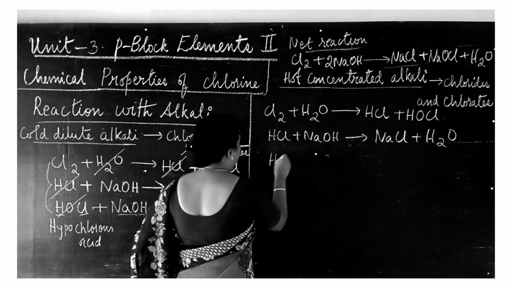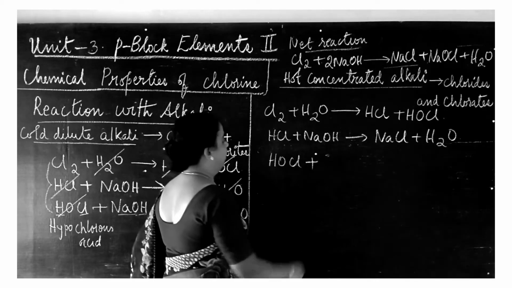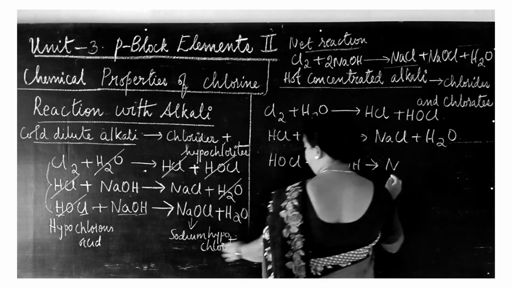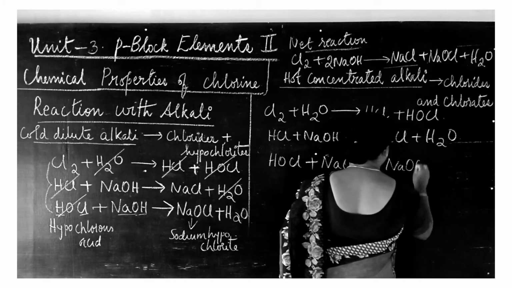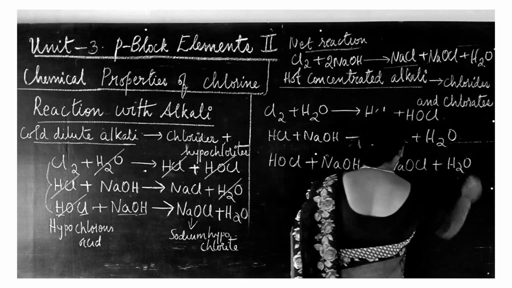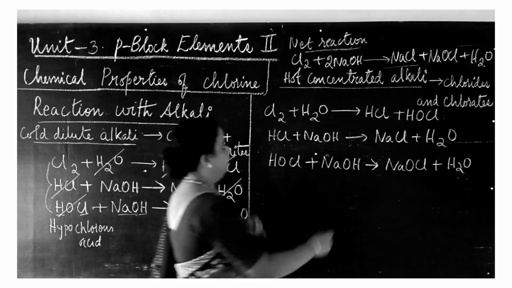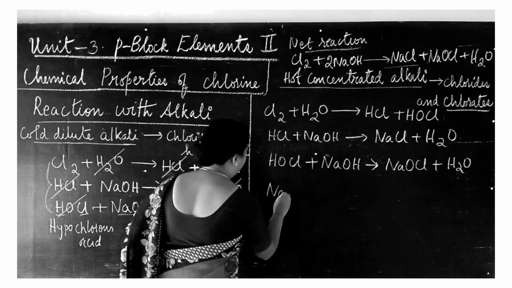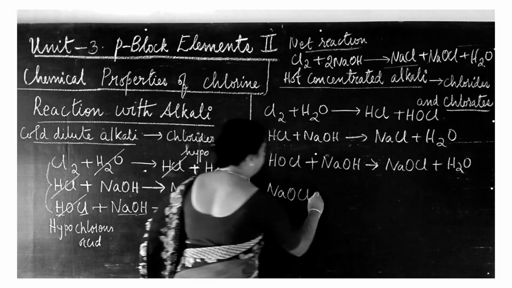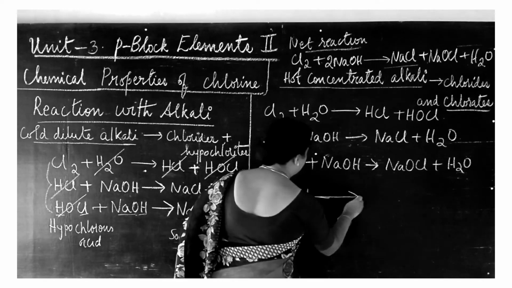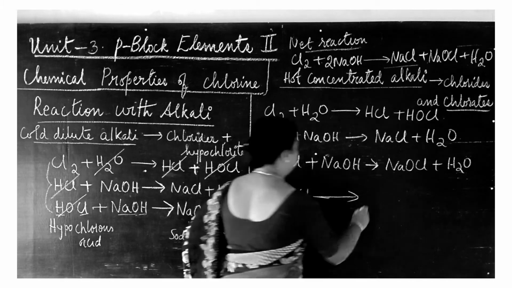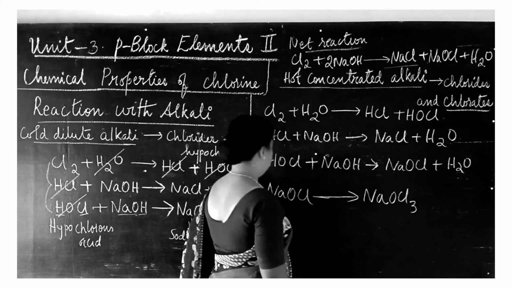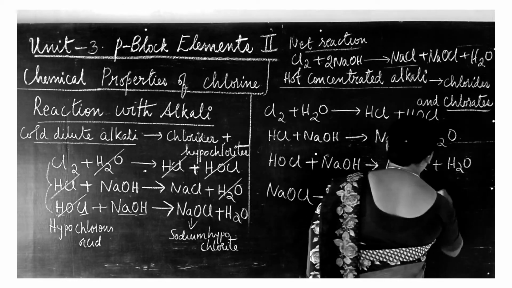Then hypochlorous acid, HOCl, again reacts with NaOH to give sodium hypochlorite, NaOCl, plus water. Now here, to obtain chlorates, what should we do again? This NaOCl undergoes decomposition to form NaClO3 and NaCl.